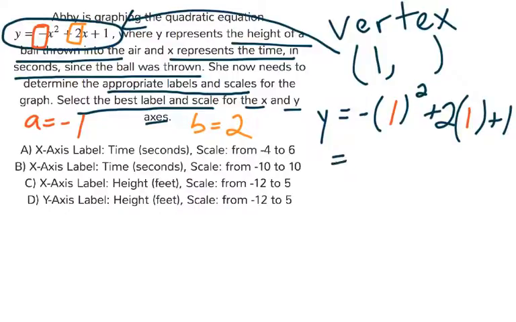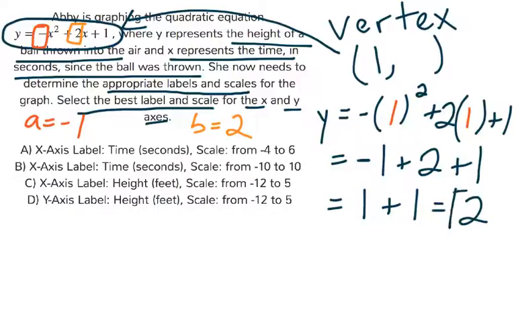Well, 1 squared comes before the negative. Okay, remember your order of operations. 1 squared is just 1, so I have negative 1 plus 2 times 1, which is 2, plus 1. This comes out to be negative 1 plus 2 is just 1, plus 1. So that's a total of 2. So 1 comma 2 is my vertex.